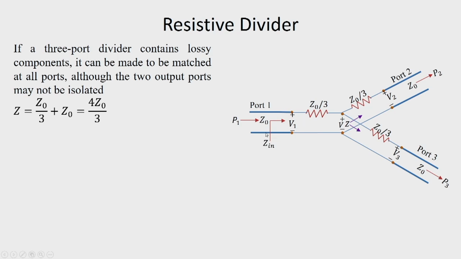And when we look from port 1, both port 2 and port 3 will appear as load, and therefore, Z in, when looking from this side, we will see an impedance of Z0 by 3 here plus the parallel combination of these two.